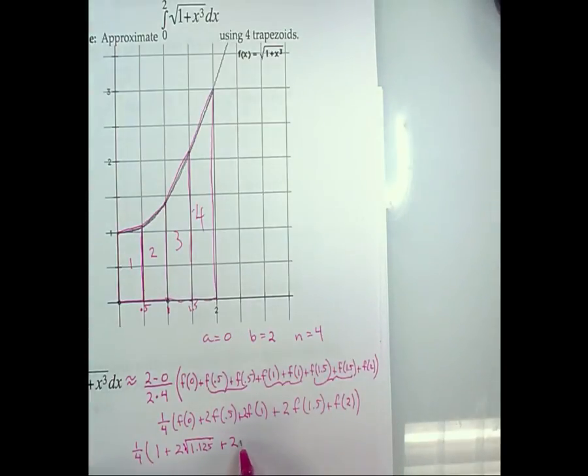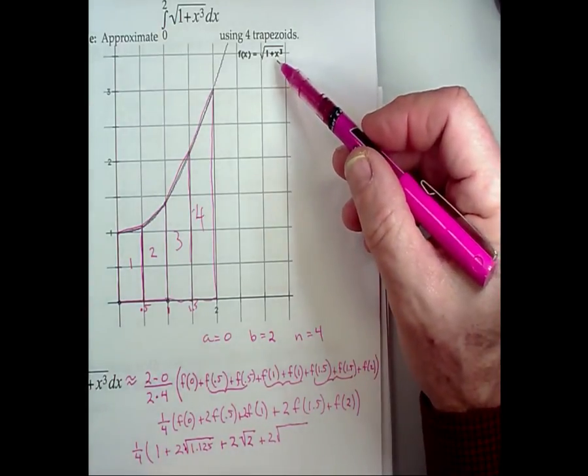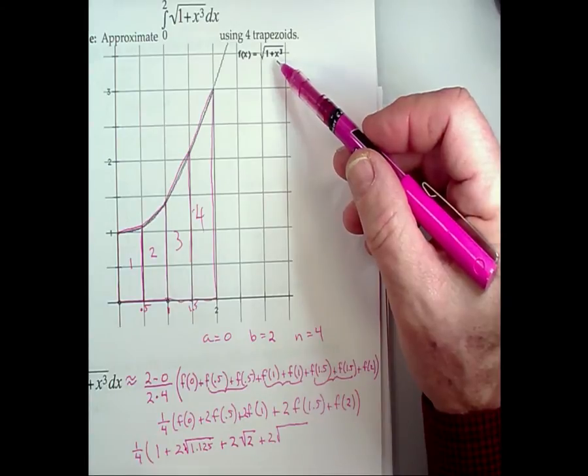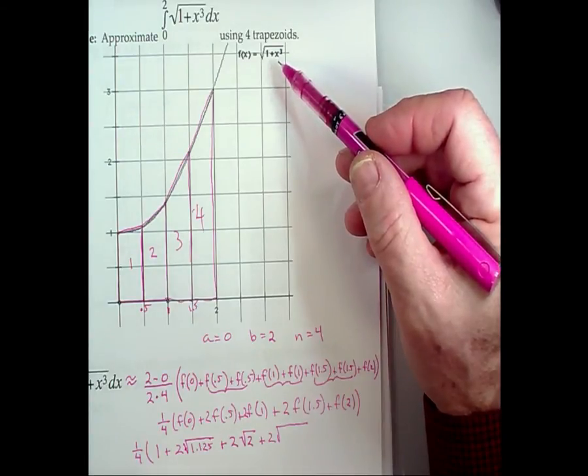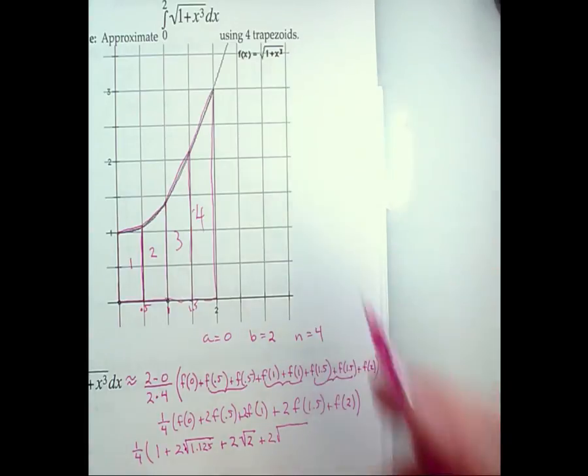And 1 plus 1 is 2, so I think I'm okay with that. Plus 2 times. Now this is the part I'm not sure. 1.5 cubed plus 1. Is that 3.375? I'm not sure. Or 4.375? It's 4.375?